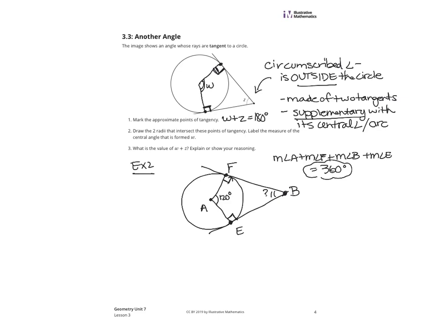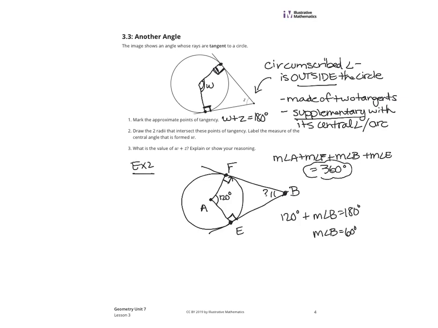I could use that, or more specifically, I learned up above that my central angle, my 120 degrees, plus my circumscribed angle, the measure of my angle B, has to equal 180. So subtracting 120 from both sides, the measure of angle B would have to be 60.